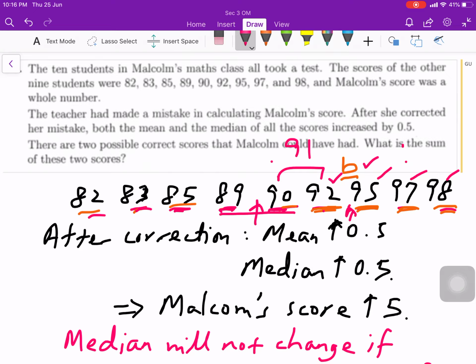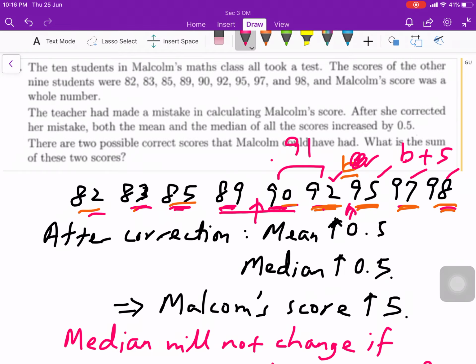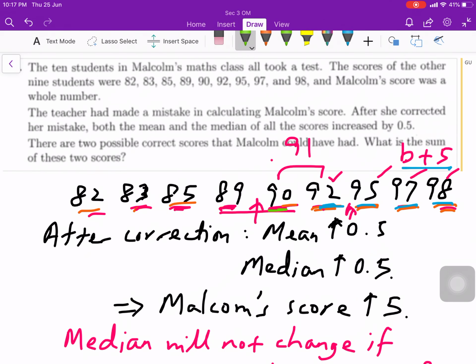If your original score is B, after adding 5 you get B plus 5. That means the B no longer exists; after adjustment it is B plus 5. Can you see that on the right-hand side you still have 5 scores, and on the left-hand side you still have 5 scores?